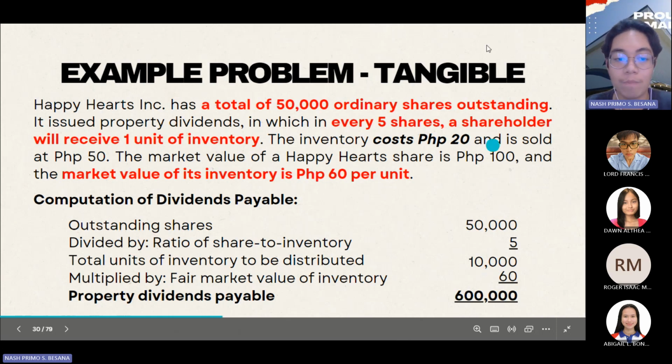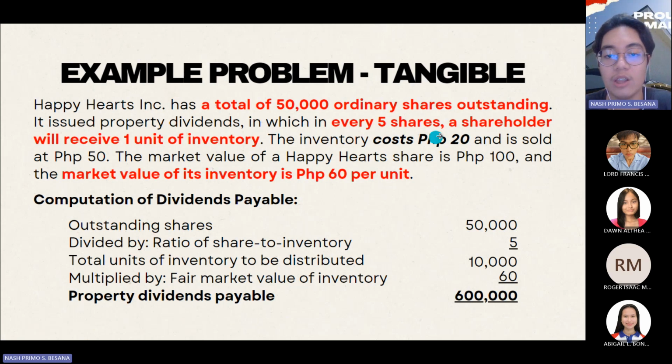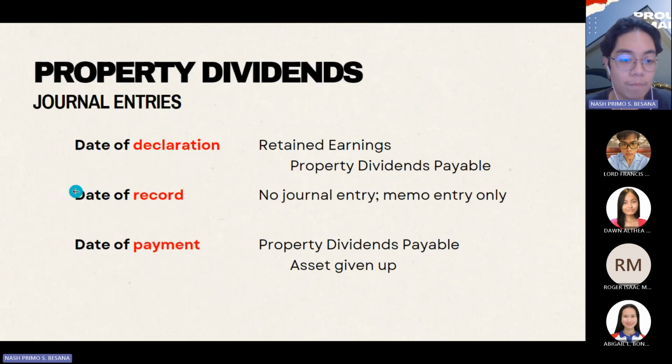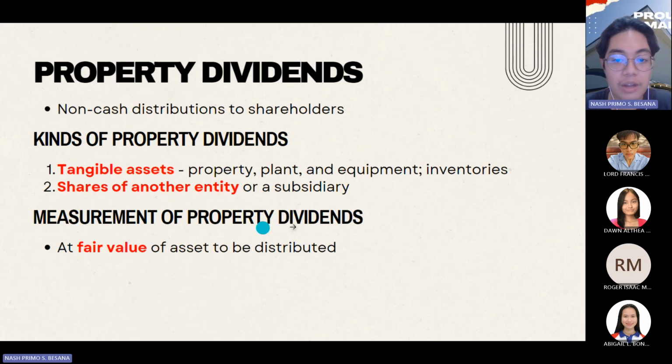Now, how do we compute for the total property dividends payable? Should we use cost of inventory of 20 pesos, market value of share na 100, or market value of inventory na 60? So based sa rule, property dividends are measured at fair value of the asset to be distributed.